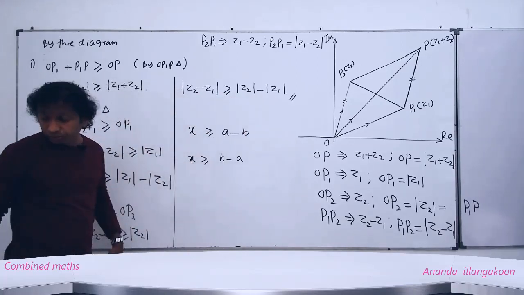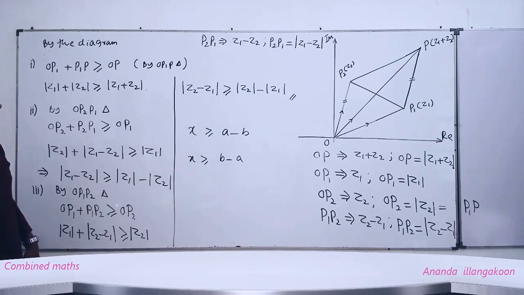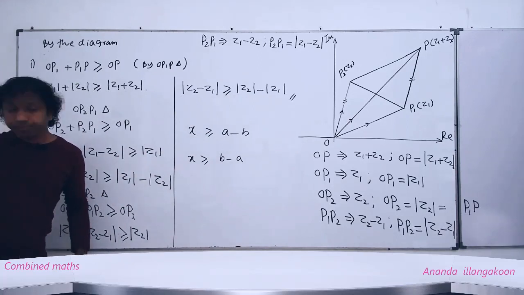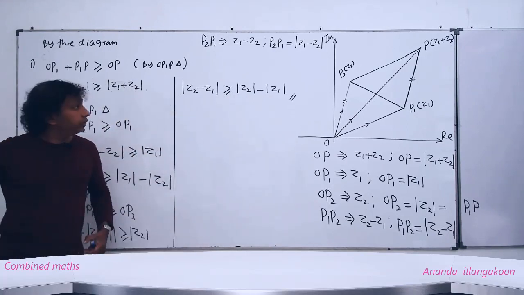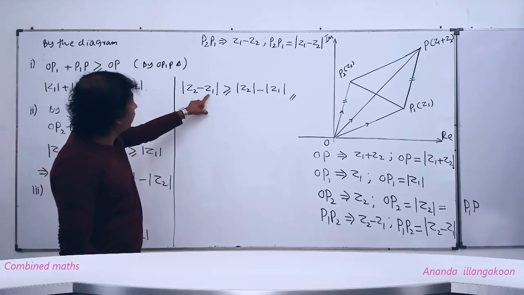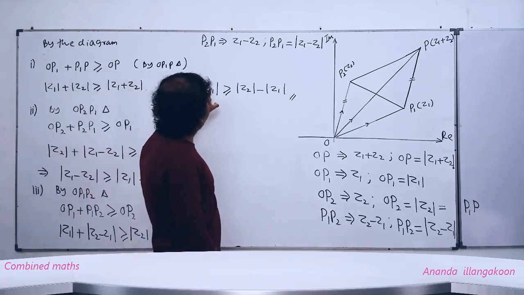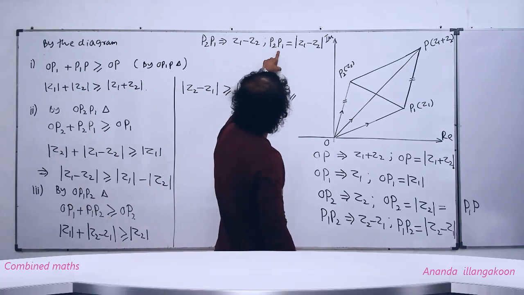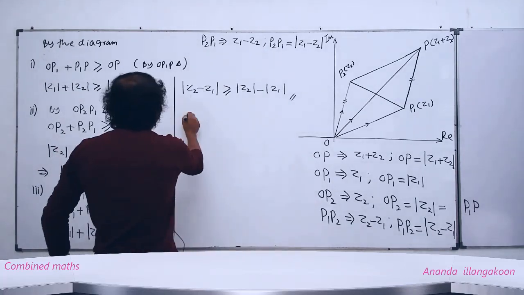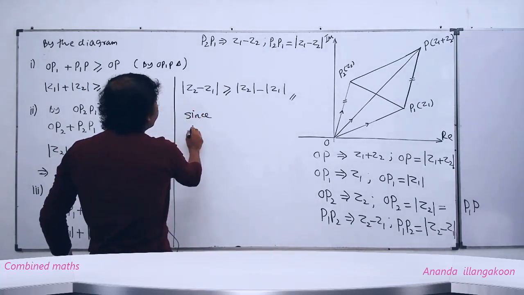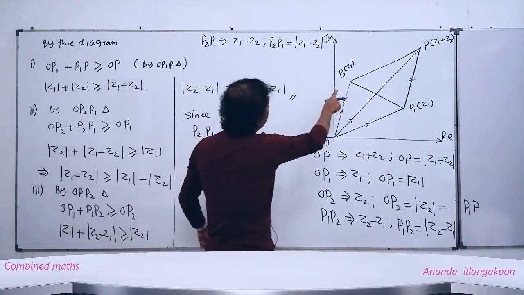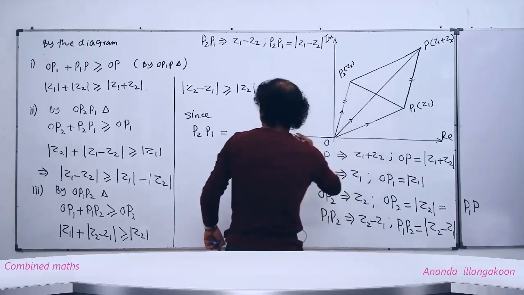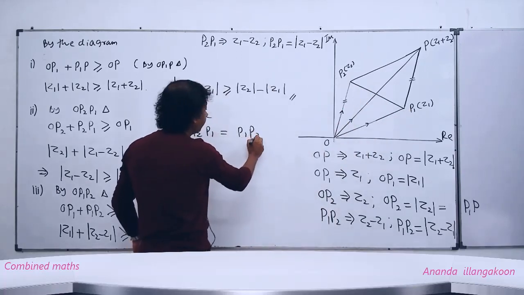Then what is asked to prove? Z1 minus Z2. People, you can very clearly see, this mod Z2 minus Z1. You can very clearly see here PP1 is equal to P1P2. Right?